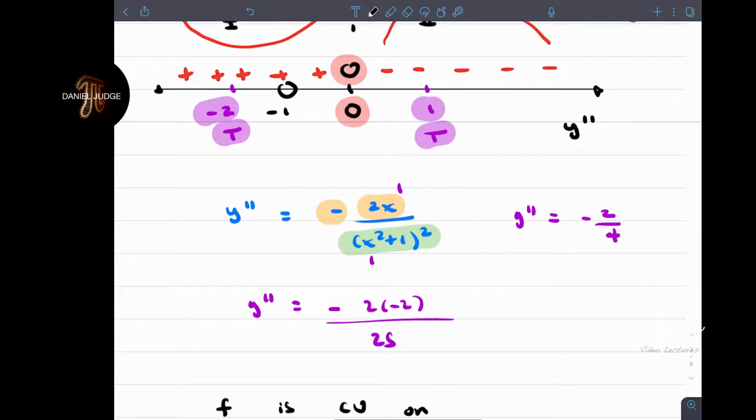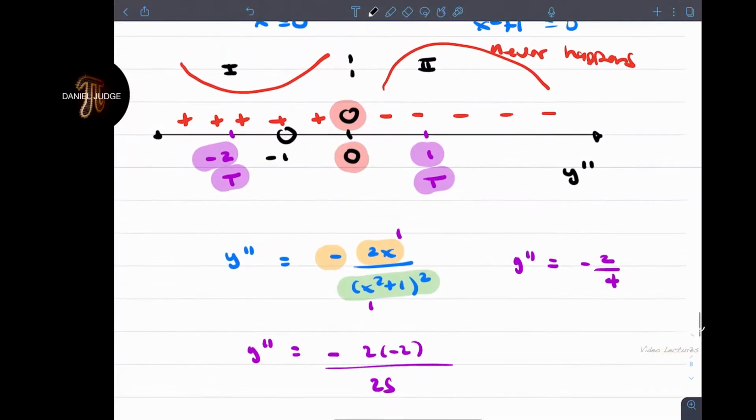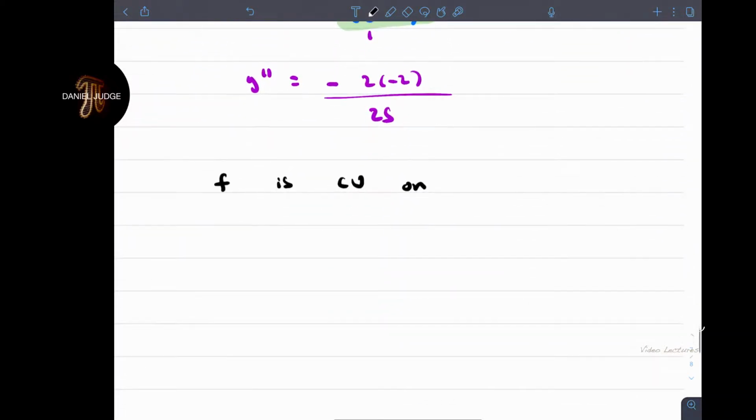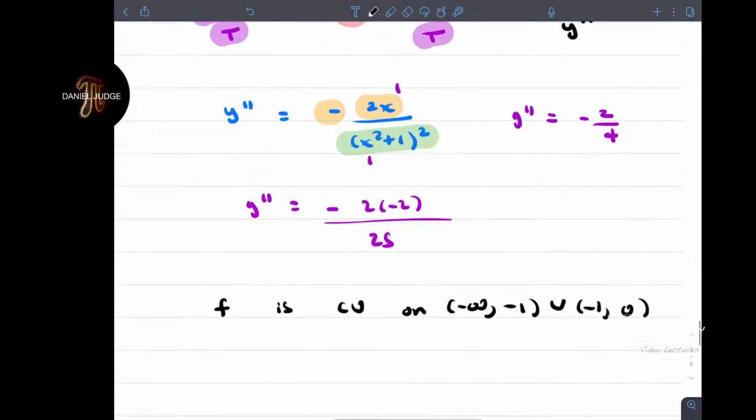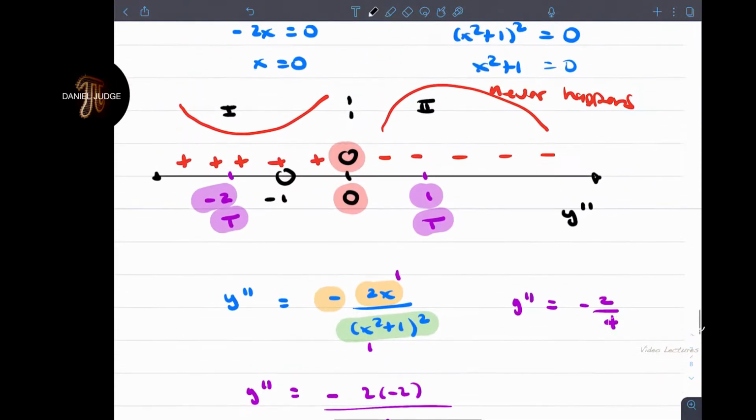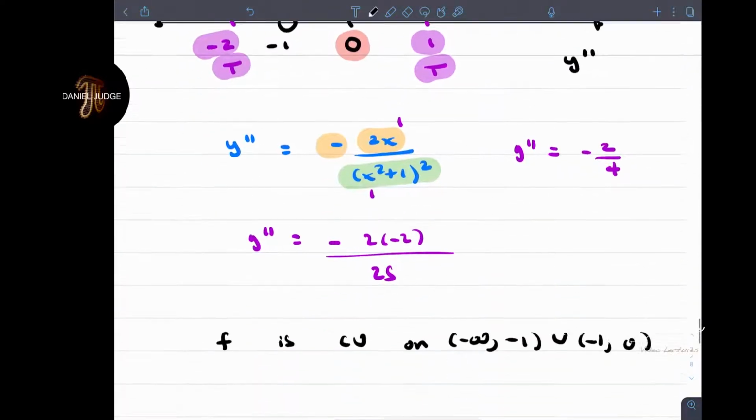Now remember a few things here. At -1, the function's not even defined. So what I'm going to say here, this is from -infinity up to -1, union -1 up to 0. And this is supposed to be a union here, because this is the interval in which you have second derivative being positive, concave up to 0. And then from 0 to infinity, it's concave down.